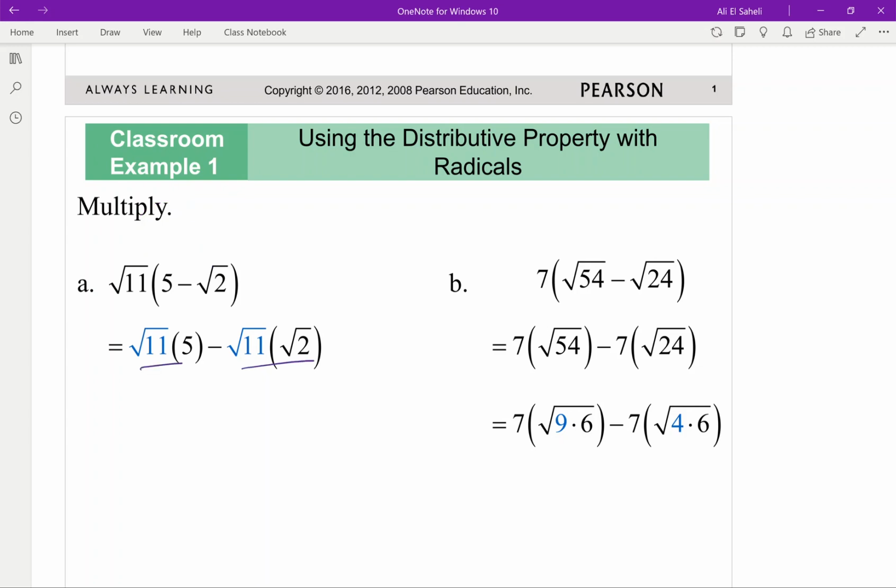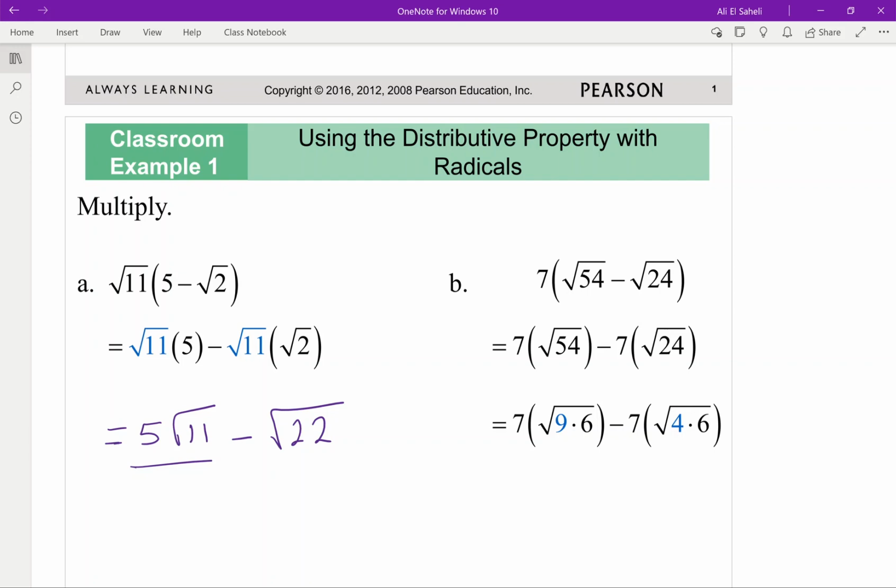So this is the next step. Now, 5 times radical 11, there is nothing we can do about that, minus, here we can use one of the properties, okay? So it's radical 2 times 11. So it's radical 22.